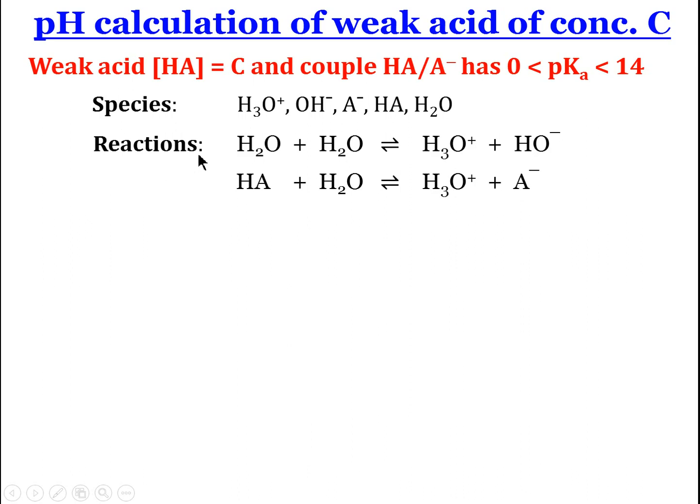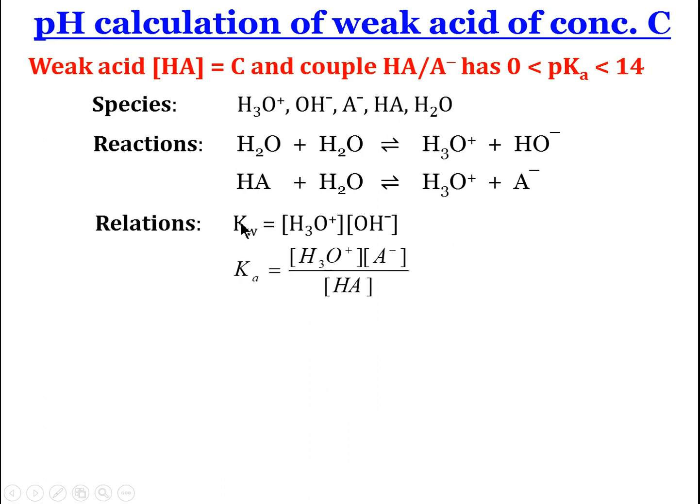The reactions taking place are the autoionization of water and the dissociation of the weak acid HA to H3O+ and A-. So the equilibrium constant expressions are Kw and Ka.